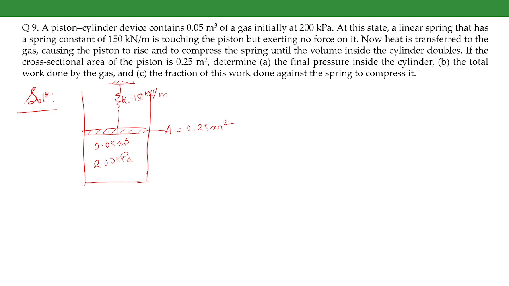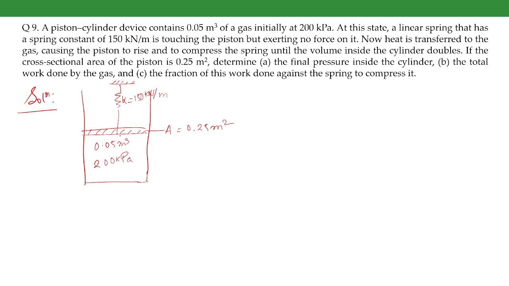So as the piston is moving upward, the equivalent pressure on this side is increasing now. To balance this, the pressure inside the cylinder will also increase. Supposedly this is 200, the pressure increases to 210 kilopascal. The surrounding pressure remains at 200 kilopascal.